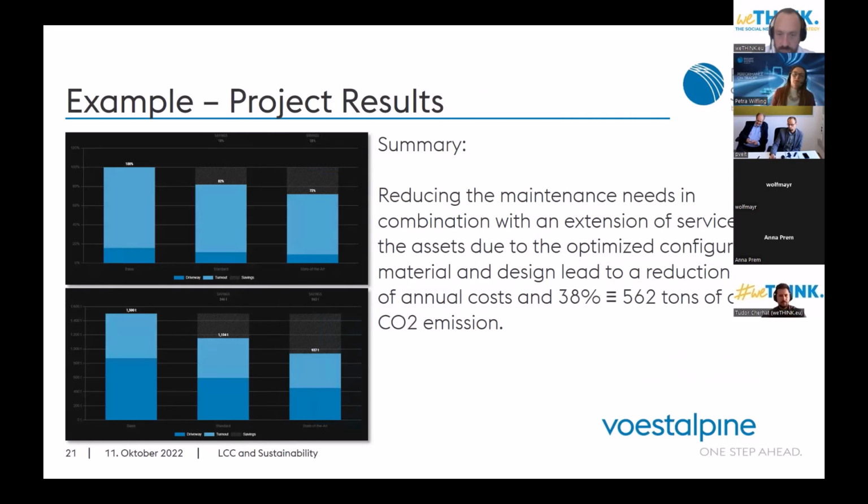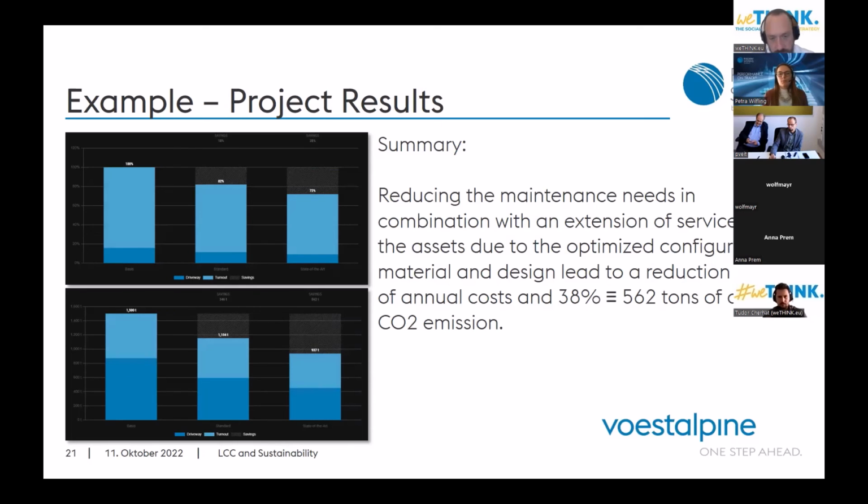So we are calculating different strategies to show our customers how the decision on the turnout configuration and the choice of the rail grades influence the CO2 emissions and also the annuities.